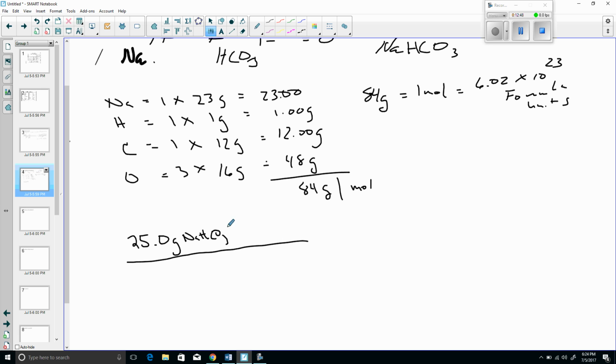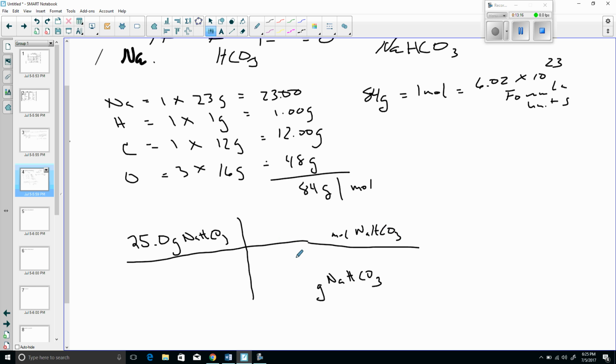Because we have grams of sodium bicarbonate at the top, we want to divide by that so it cancels. So we're going to have grams of sodium bicarbonate on the bottom, and we're converting this to moles.